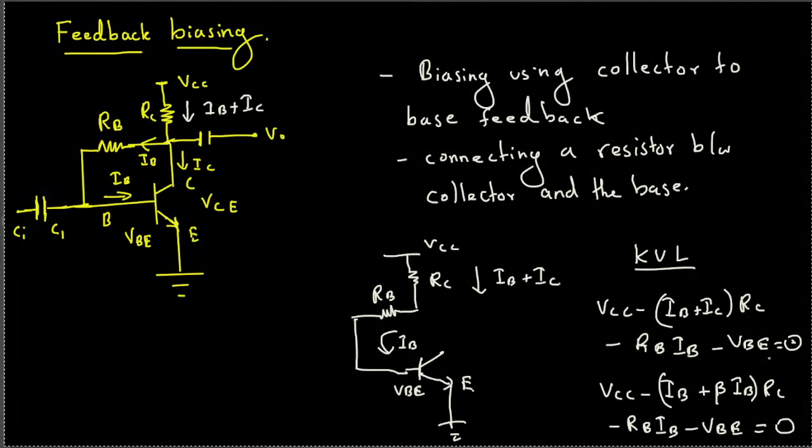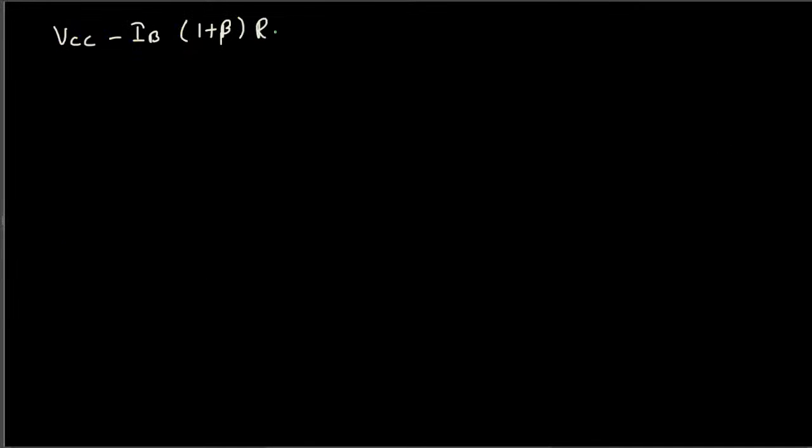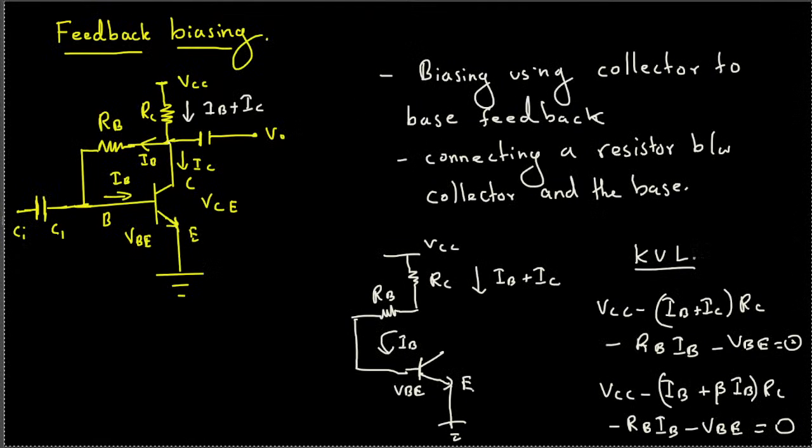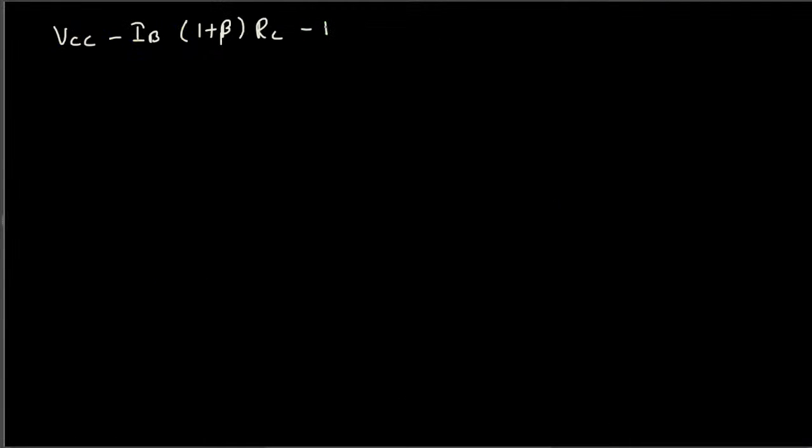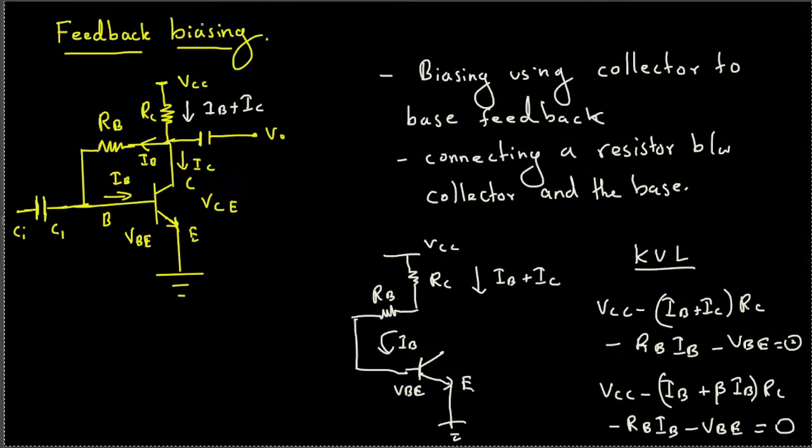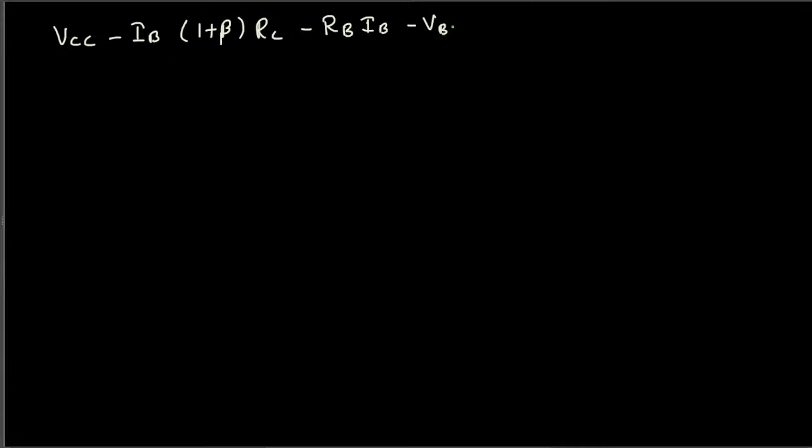Okay, and then we have RC right here, and after that we have RB times minus RB times IB, and then we have minus VB. That's equal to 0. Now what we can do is we can take the IB common again, because this too has IB common.